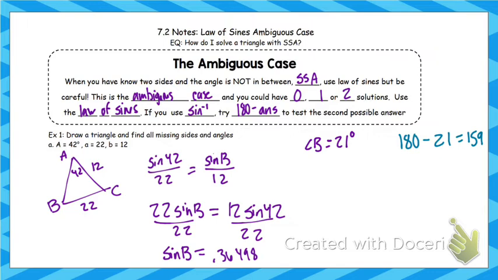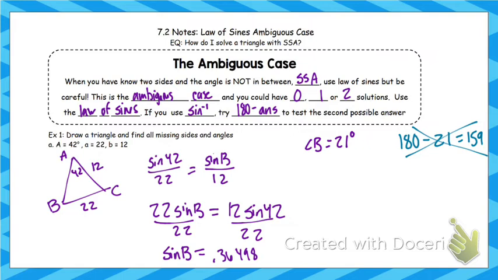In this particular case, though, if I put 159 back into my triangle with the 42 degree angle, is that possible? No, it's not possible because 159 plus the 42 that's already there is more than 180. So that doesn't exist. Even though this is the ambiguous case, there actually still is only one possible answer here.